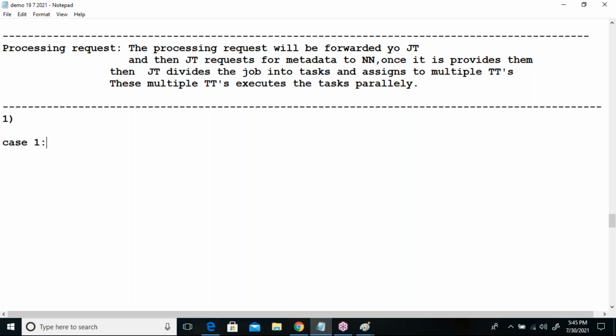Case 1: name node is running, job tracker is down. Now try to say what happens. Can I perform storage and processing operations here?